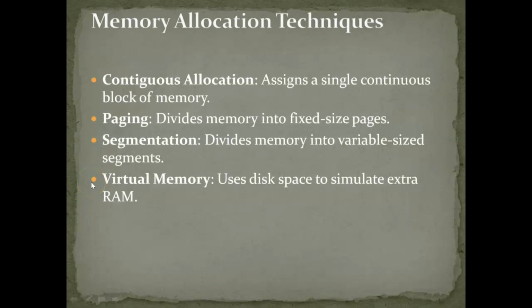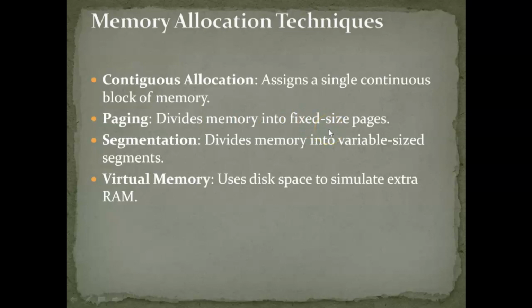Next one is memory allocation techniques. So how the memory is allocated to different process. So basically these are the methods, and this is contiguous allocation. Contiguous means continuously the block of memory is there. So for one process it may be allotted a whole block of memory. Okay, paging. Then paging divides your memory into fixed size pages.